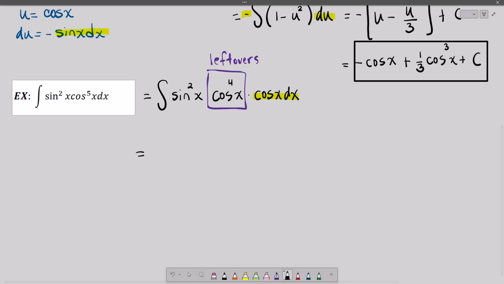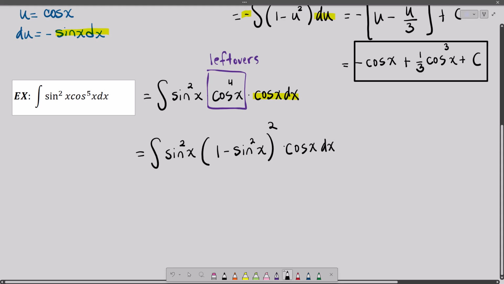So we're using our Pythagorean identity. We know that cosine squared is 1 minus sine squared. So we have (1 minus sine squared) quantity squared.